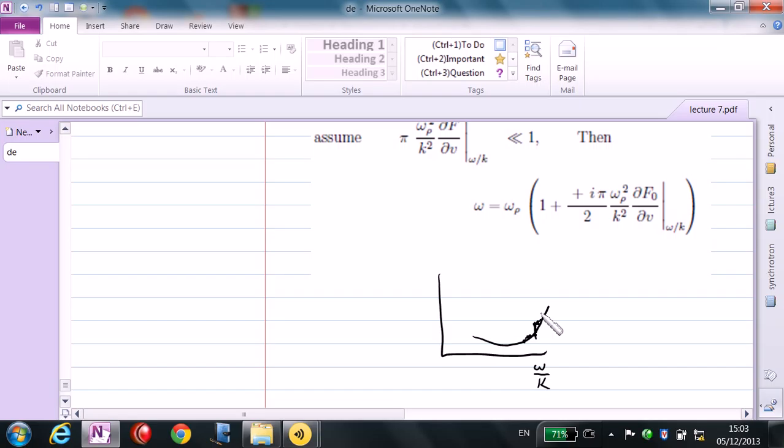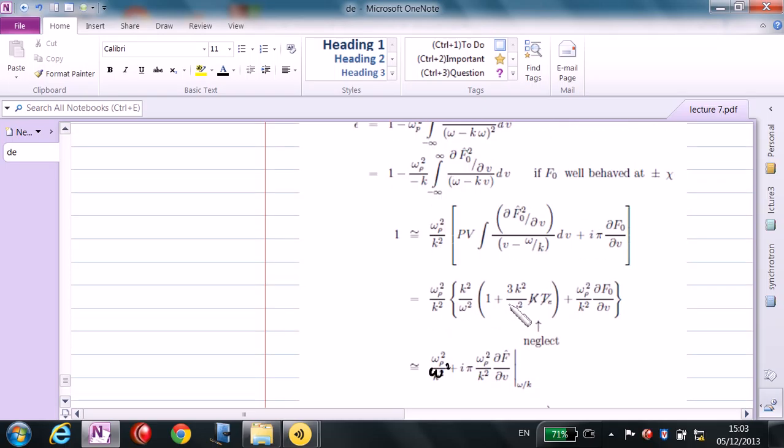That determines what's called an n equals 0 instability. And n equals 0 just means that it was a simple resonance of the particle's velocity with the wave, so that it always feels an electric field in the same direction.